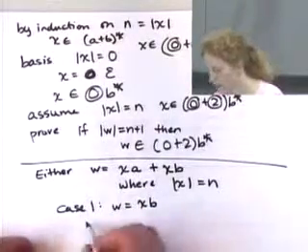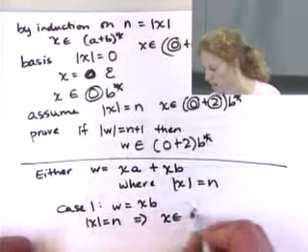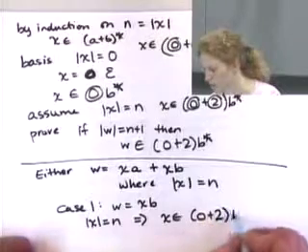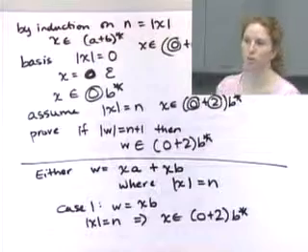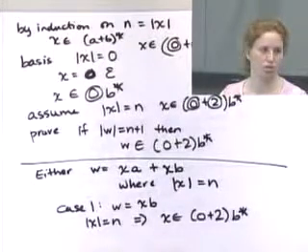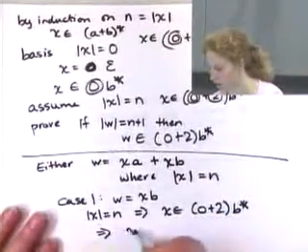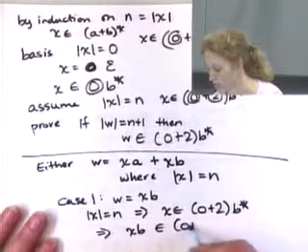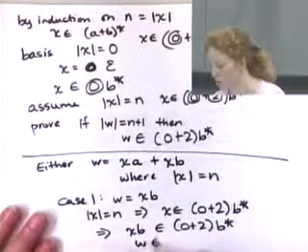We know by induction, since the length of X is n, that X is in (0 + 2)B star. If X is in that, then XB has to be in that, because you can add any B's onto anything and still stay in this language. So that implies that XB is in (0 + 2)B star. So now we know W is in there.